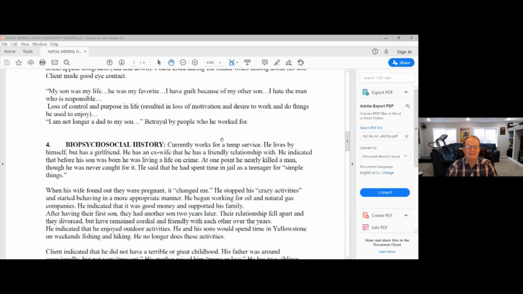There's some information in this assessment that I purposely left out, for the reason of discussion, and it has to do with his upbringing. If I were to take this assessment and add more to the biopsychosocial history, it would include who he was growing up, all the way from birth into adulthood, so that we could get a picture of what went on.